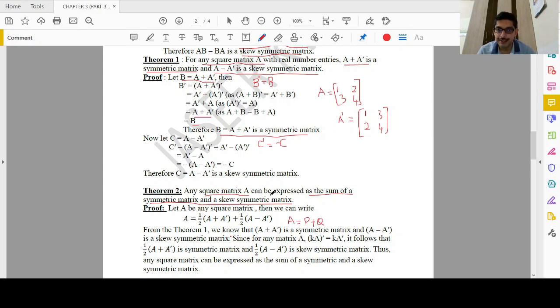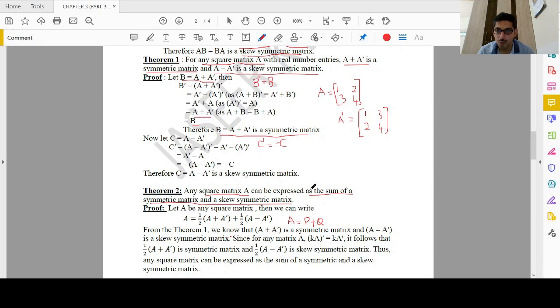Any square matrix A can be expressed as a sum of a symmetric matrix and a skew symmetric matrix. That means a square matrix A can be written as P plus Q, where P is symmetric and Q is skew symmetric. What are the values of P and Q? They are obtained from the previous theorem.